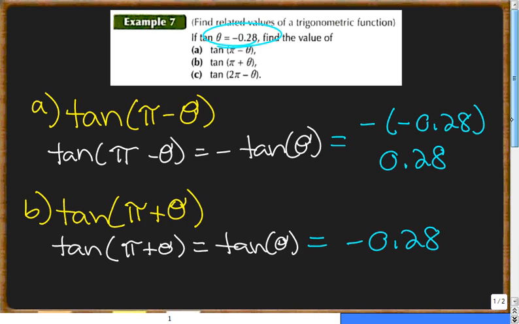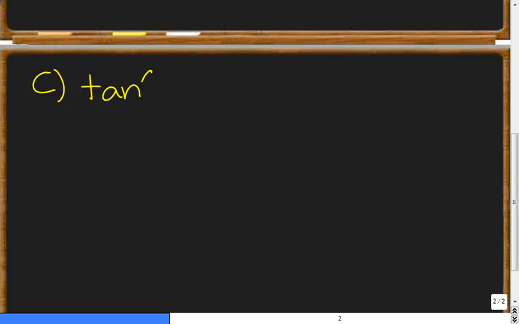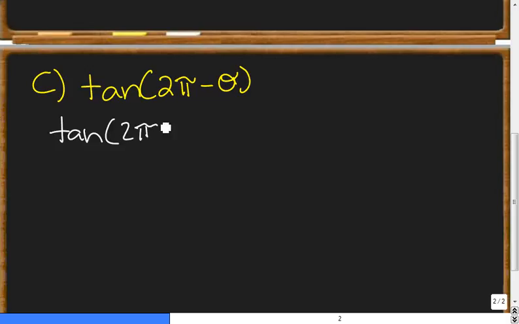And then lastly, it asks us, hey, what's the tangent of 2 pi minus theta? This is the same thing as 360 minus theta, which we knew to be opposite.